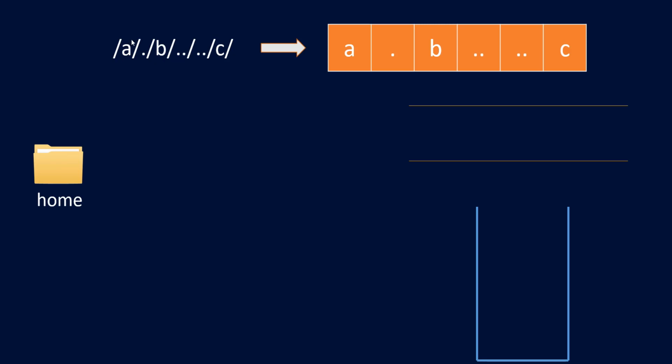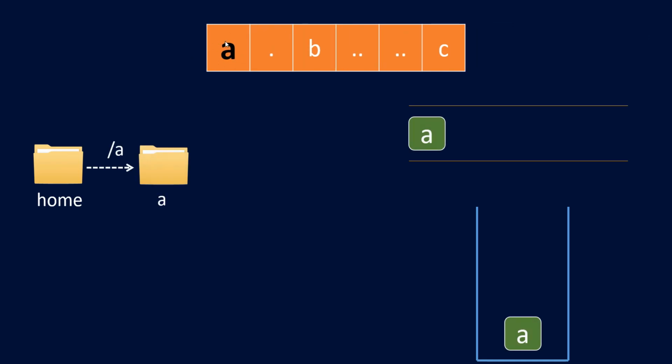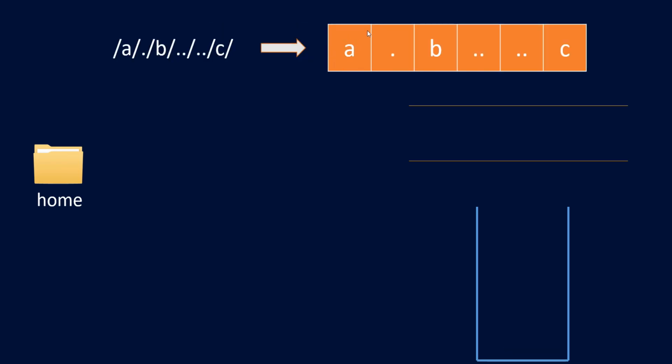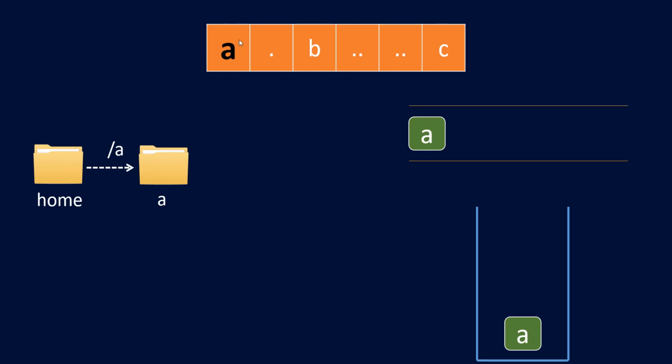So I'll split this with slash, and that would give me this array of strings. Initially I'll be at A. So the first operation that I can see here is A, and since this is a directory name, that means I'm going inside the directory, and so I push it in my stack and queue. These are two different approaches, remember guys. Now the other one is dot, that means we are just staying in that directory, so we do nothing.